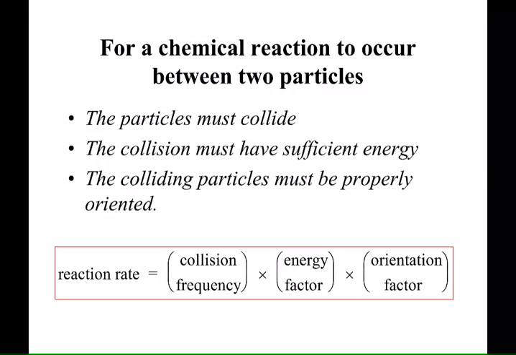There is collision frequency, and collision frequency comes from those two terms, the molar concentrations raised to the reaction order. And then the other two are energy factor and orientation factor. And guess what? The only other place these two things can come from is right here. And that's where they come from. And that's what we need to talk about.